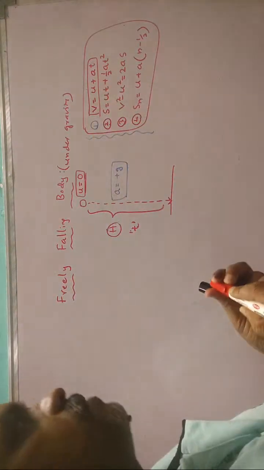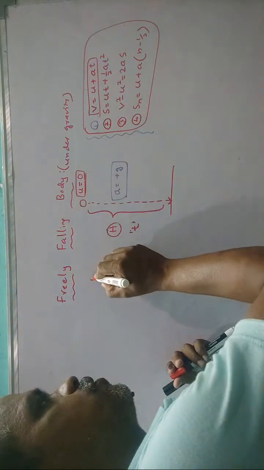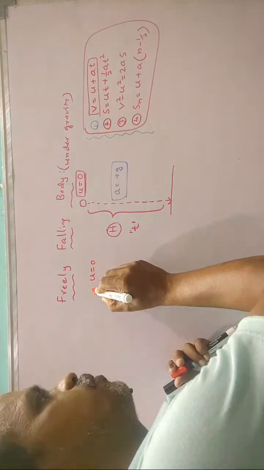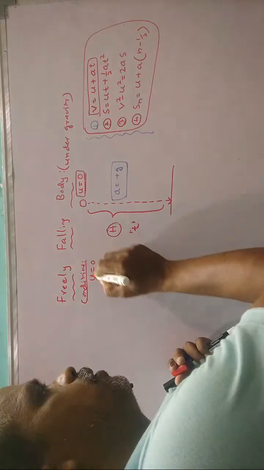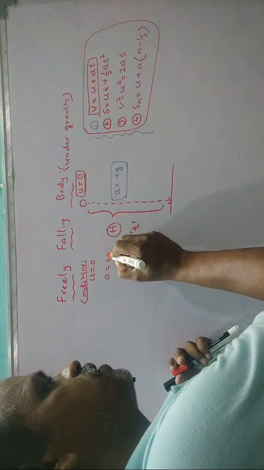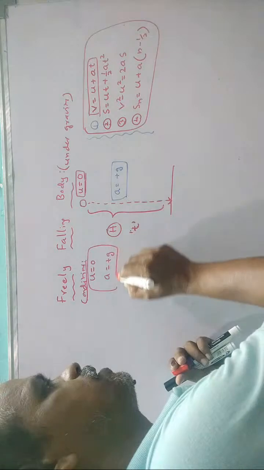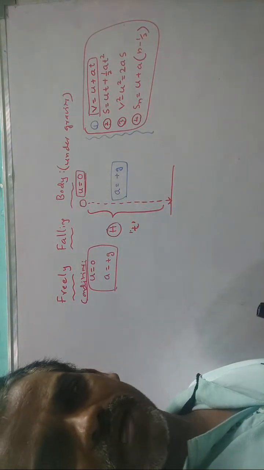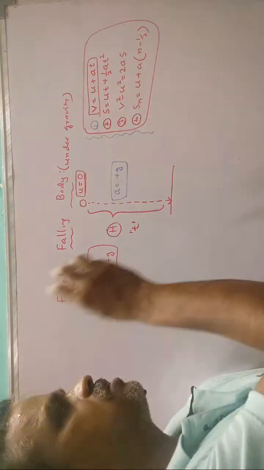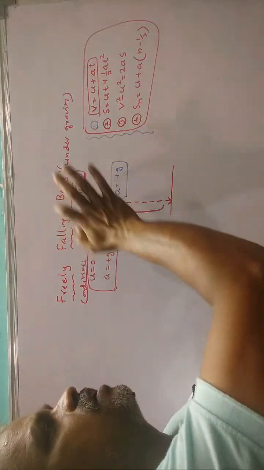What is this case? U equal to 0, freely falling body conditions. You just write these conditions: U equal to 0, A equal to plus G. These two conditions apply for a freely falling body.